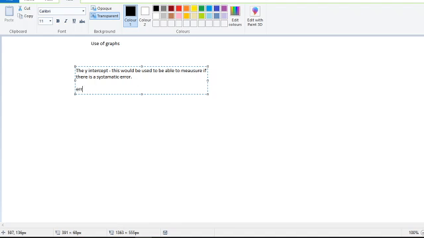So now, error bars. These are used to be able to predict uncertainties from a graph.